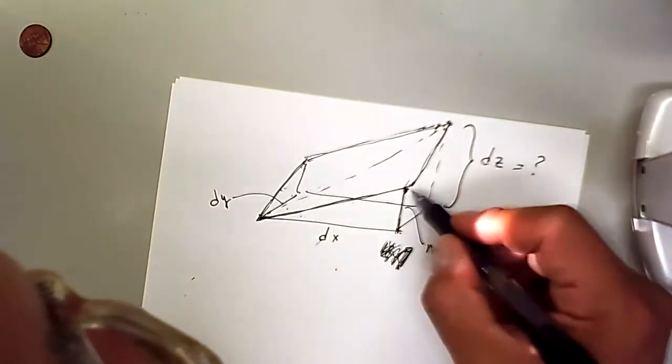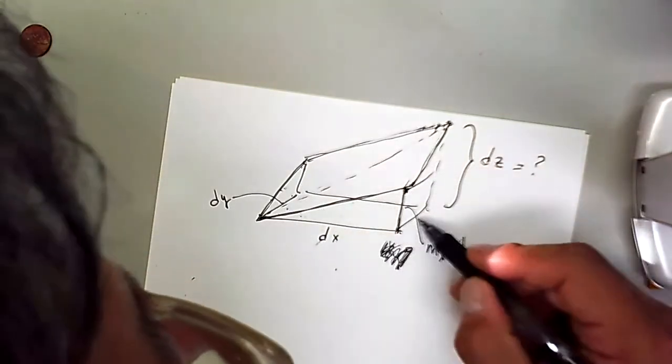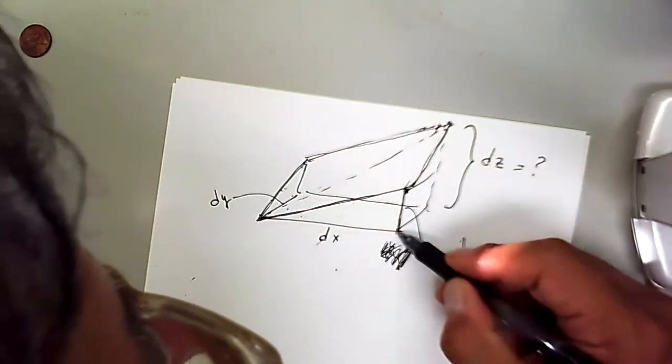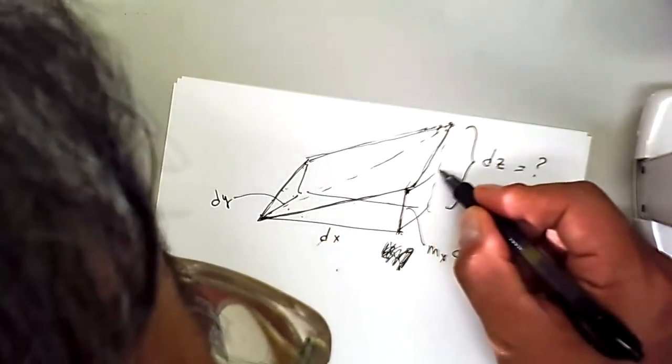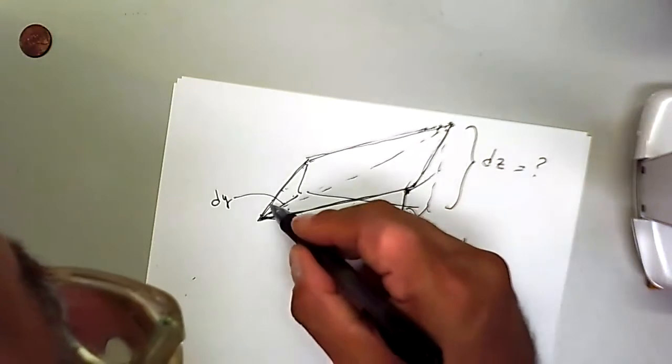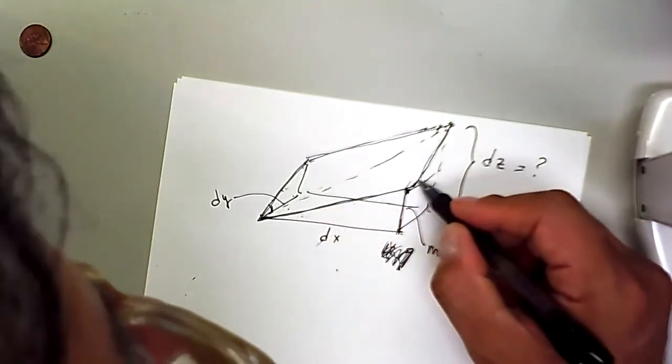Now pretend you got this much, because this is a rectangle. So this distance here is the same as this distance, which is the same as this distance, which is dy, and this slope is the same as this slope, which is m sub y.